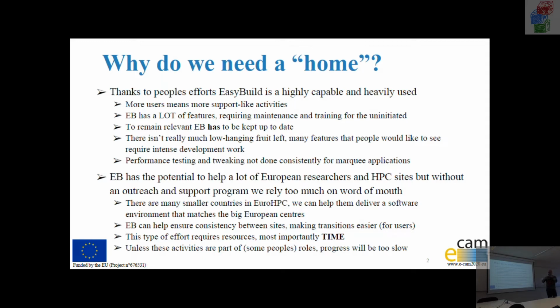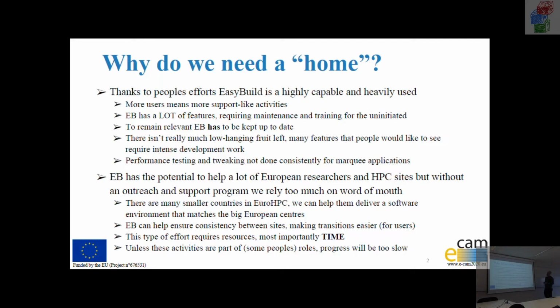From the EU perspective, they put money into these applications, and we deliver them. It's not like the software is supported in EasyBuild, but we don't have a way of testing and tweaking to make sure they perform really well on all the different architectures. It does happen in cases, and there are definitely people who make an effort, but it's not done consistently. People have an interest in making something work really well, but for the other ones they don't have that interest. So if somebody else is not doing it, it doesn't happen.